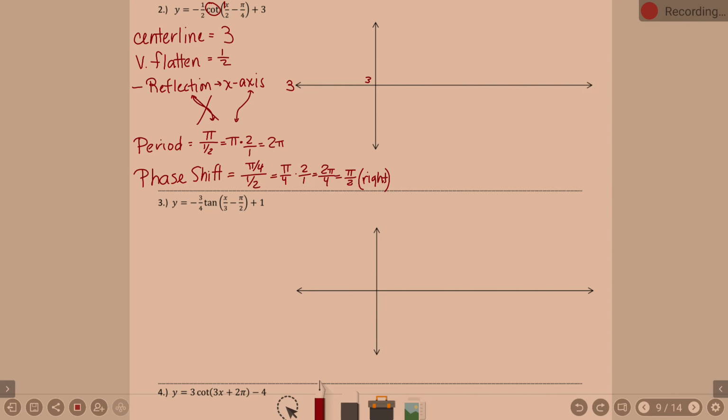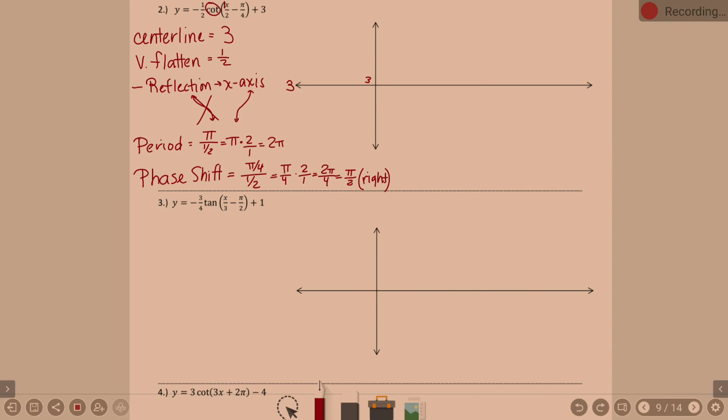Let's see. Label your center line, yes. Which, 3, one of those two places, whichever. We need to label our period, yes? Now, with this in mind, our period is going to be 2 pi.